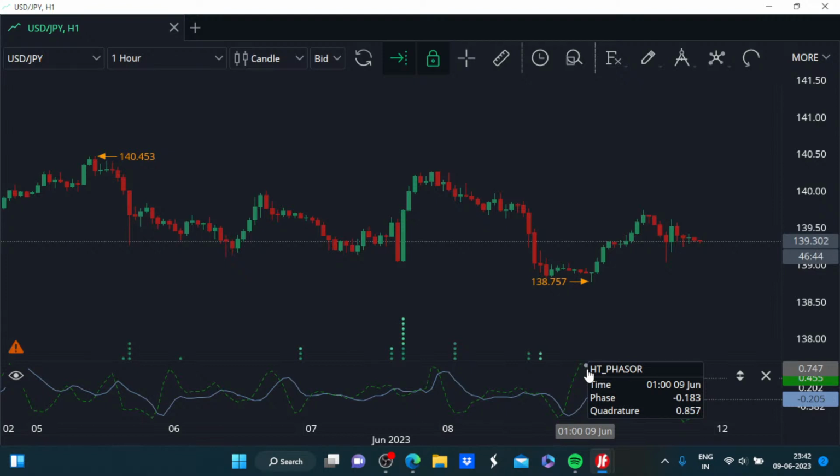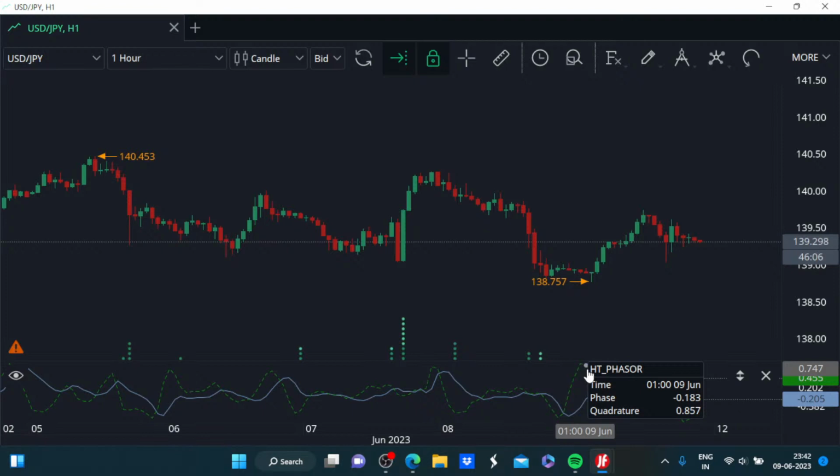We will have to do some observation and figure out what are the levels which we can confidently say are showing the divergence between the in-phase component and the quadrature component. Otherwise, we have to rely on the narrow gap, and if we don't really have much of a gap between these two components, then that is indicative of a strong movement in either direction.